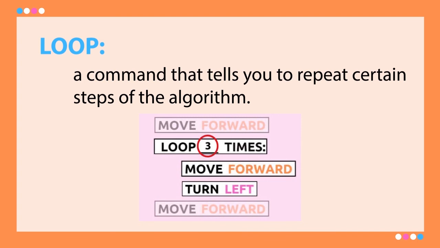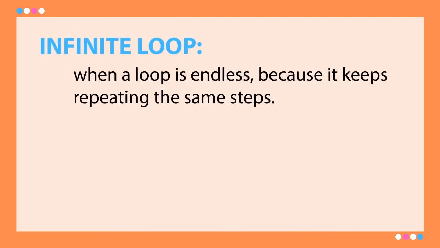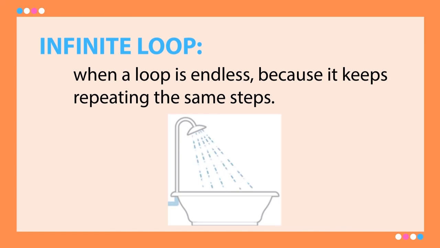If we don't, and we simply tell the computer to repeat, it might get stuck in an infinite loop where it keeps repeating the same steps and can never move on in the algorithm. So if a programmer reads a shampoo bottle that says lather, rinse, repeat, they might get stuck in their own infinite loop of washing their hair and never finish their shower.